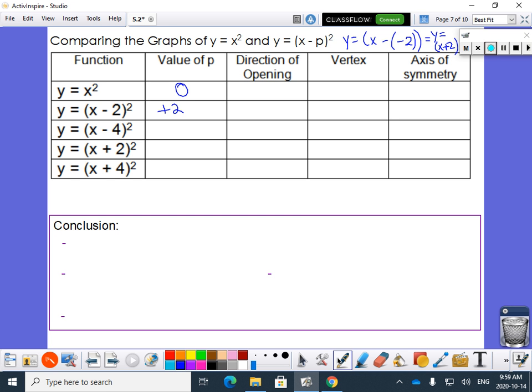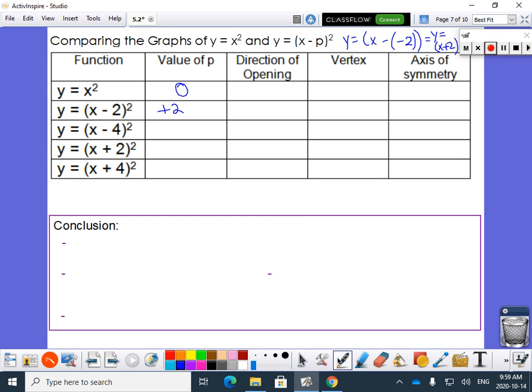We're trying to say the value of p here, so it's only natural to say that the value of p is negative 2. But it's not negative 2 because this negative is always here to begin with. So in this case, the value of p is just positive 2, because if it was negative 2, it would have looked like x minus, and then negative 2 in brackets, and then the negative 1 times the negative 2 makes it positive 2.